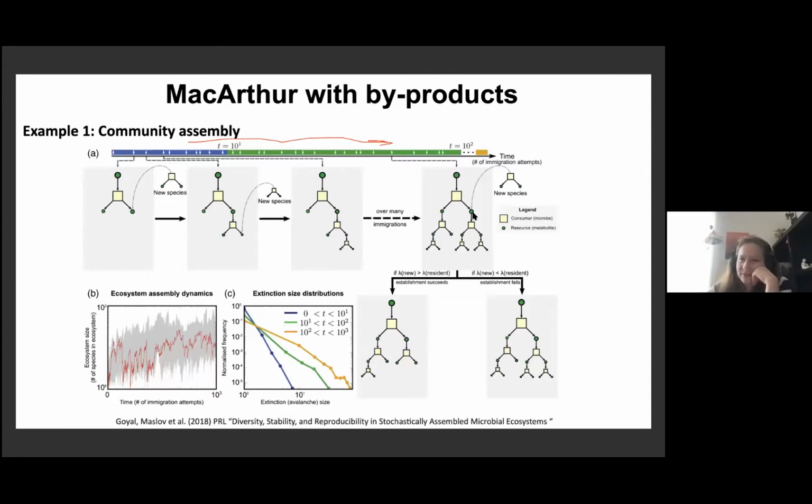The interesting part of this dynamics is that sometimes the microbes that came second or third might be replaced by some other microbe which has a higher growth rate on this byproduct. And then you will have a whole avalanche of extinction, because all those microbes will also go away with this first branching point. And the longer you run your dynamics, the larger will be the sizes of those avalanches.